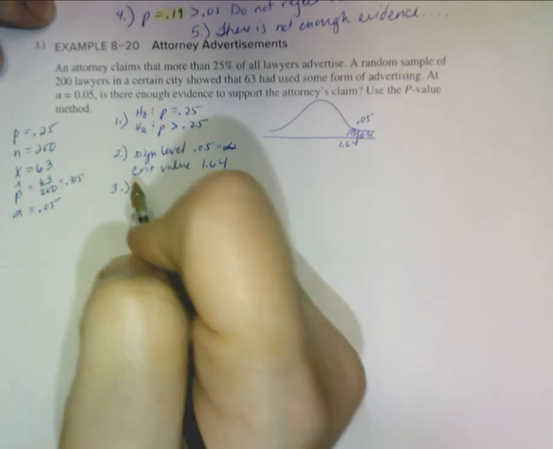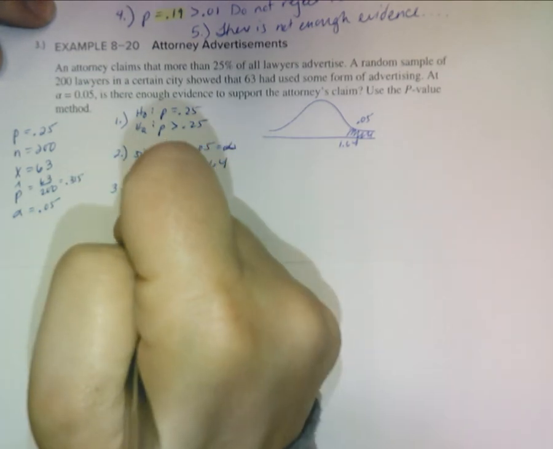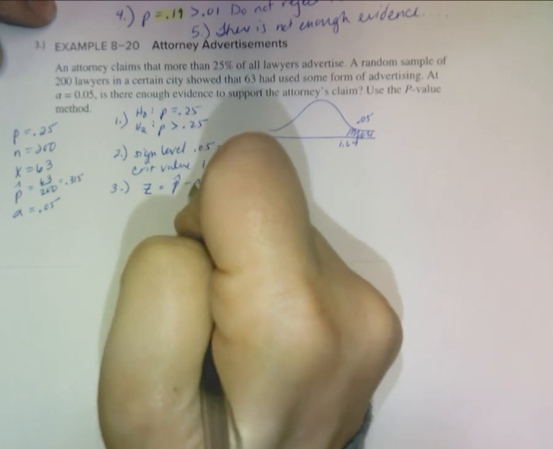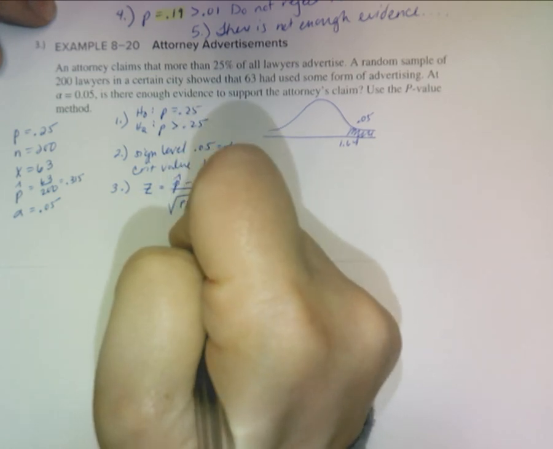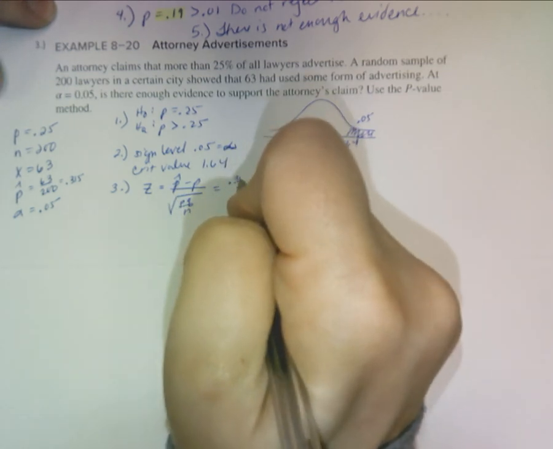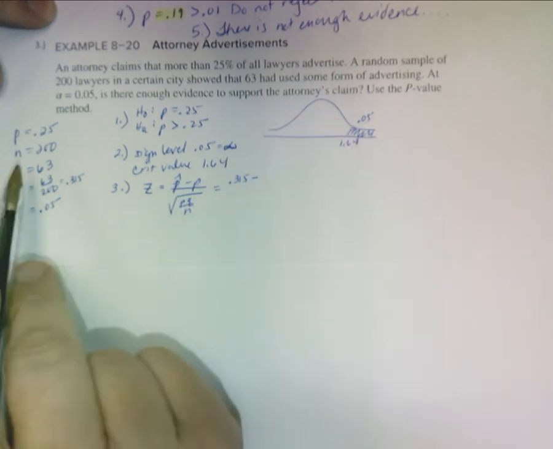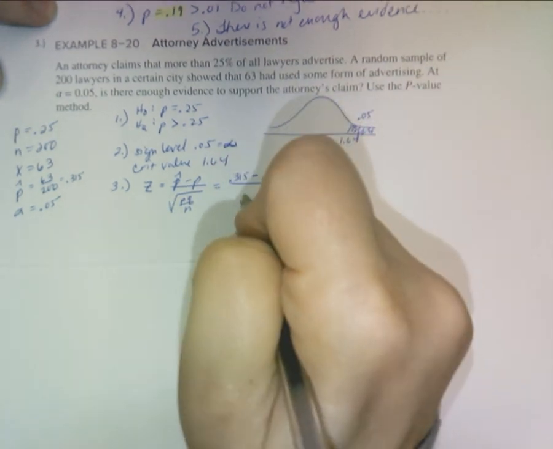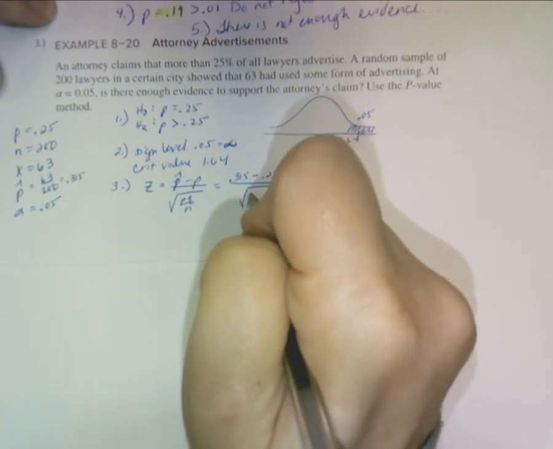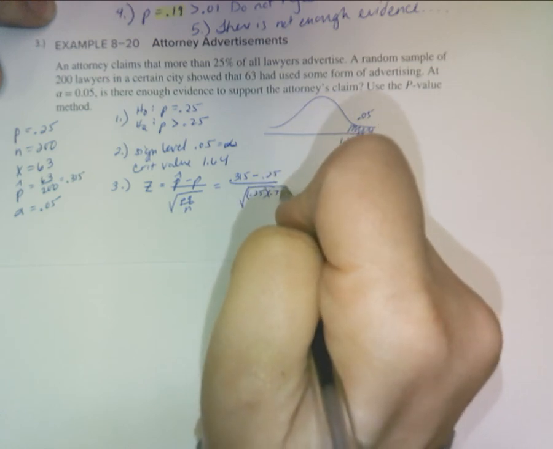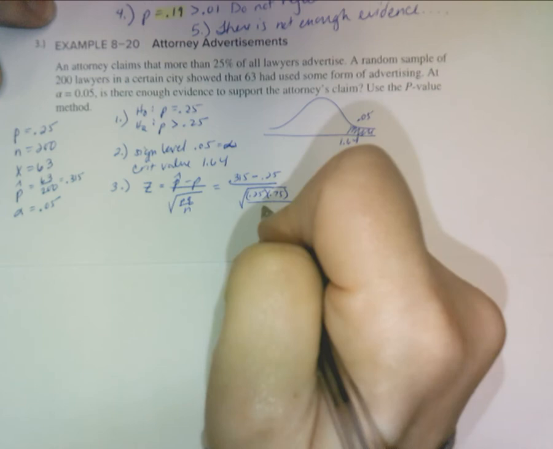Step number 3, let's actually find our Z. Z equals P hat minus P over the square root of PQ divided by N. So 0.315 minus 0.25 divided by the square root of 0.25 times Q, which would be 0.75, divided by 200.